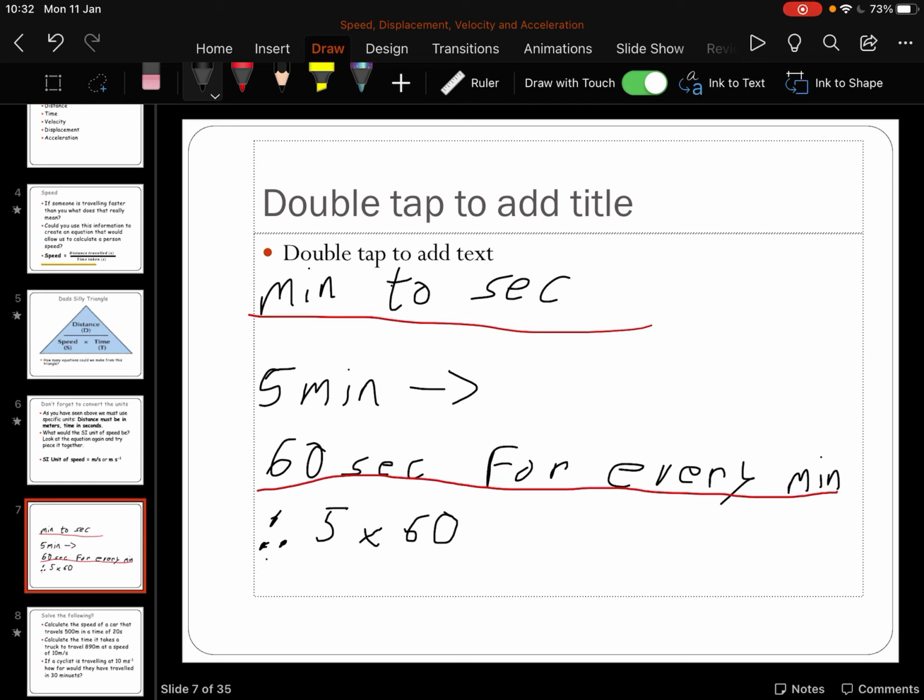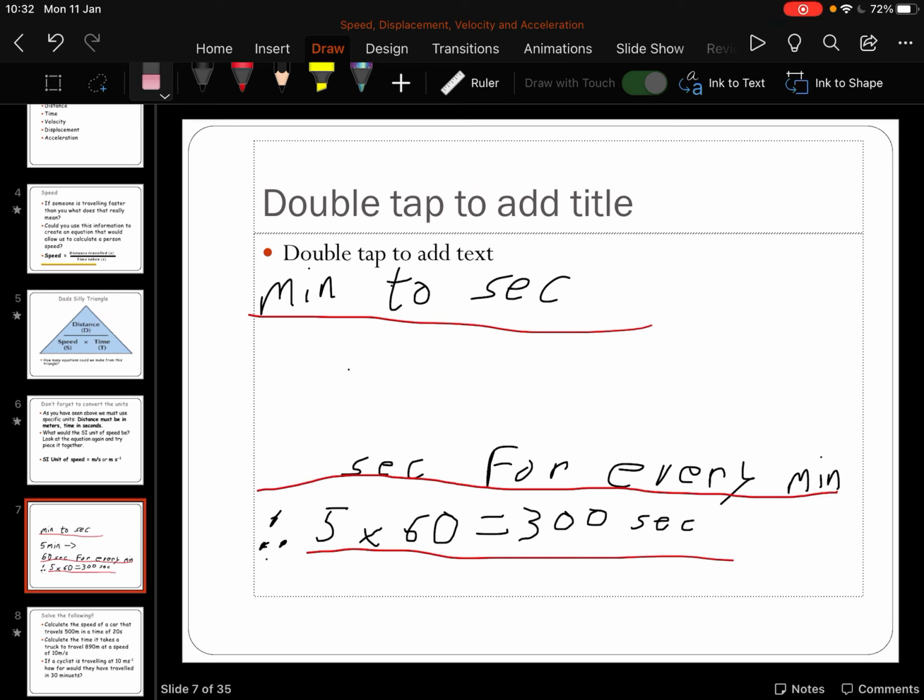That's all you do, and that gives us 300 seconds. So 5 minutes is 300 seconds. How did I do it? For every minute there's 60 seconds, so you just multiply the time by 60. Very easy.